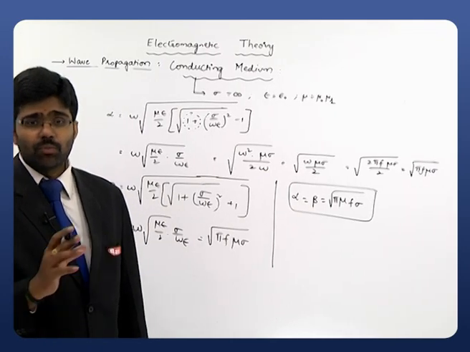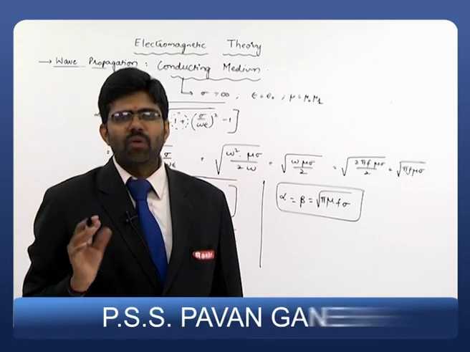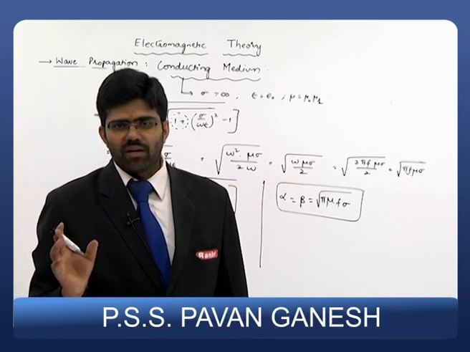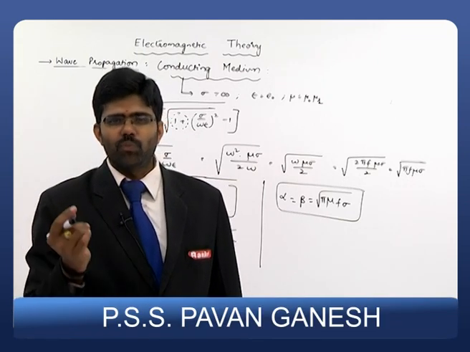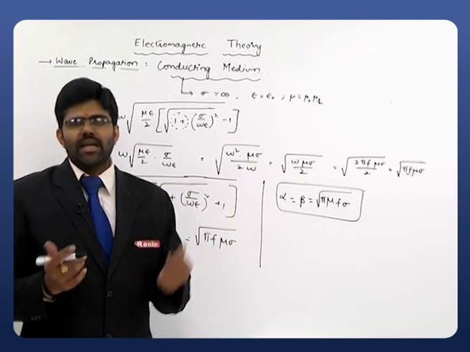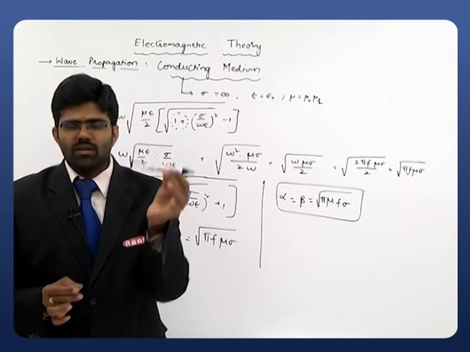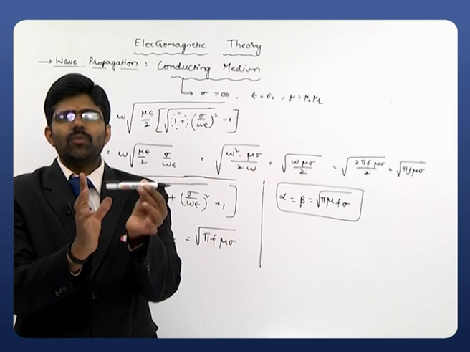But here we are supposed to take another parameter called skin depth. What is skin depth? How is it defined? How to derive the equation for skin depth? It's a very simple concept. Let us take a conductor or any material. This is the material that we are considering, and we are applying a wave to that particular material.